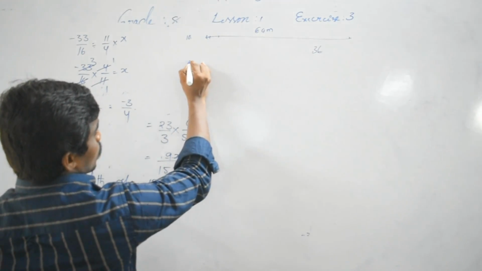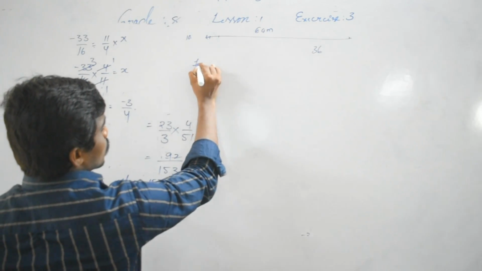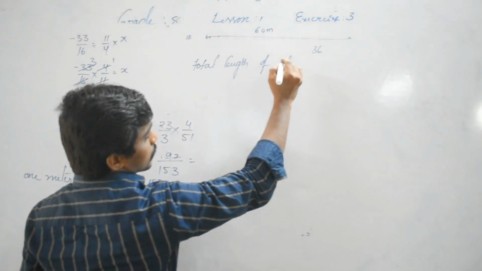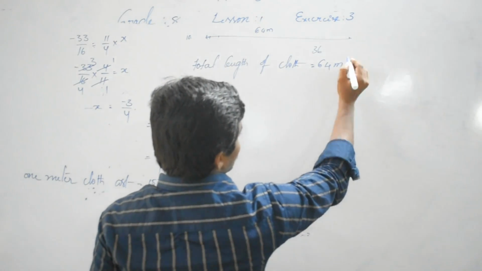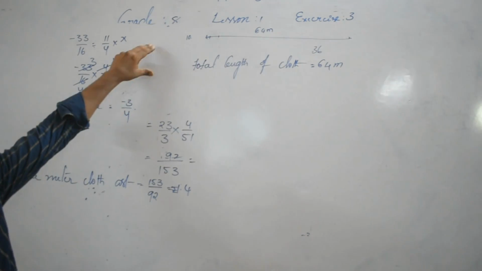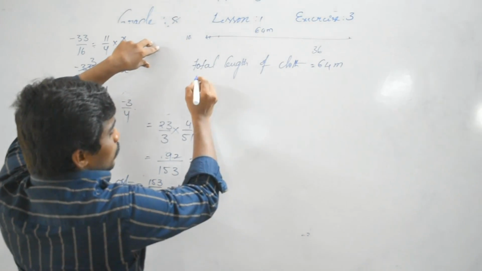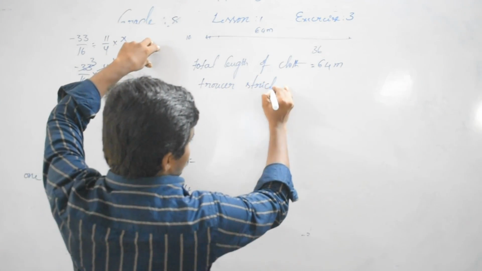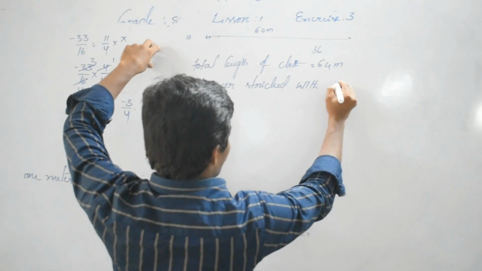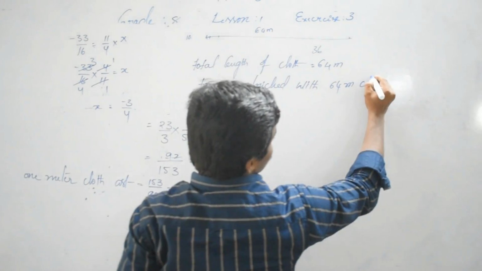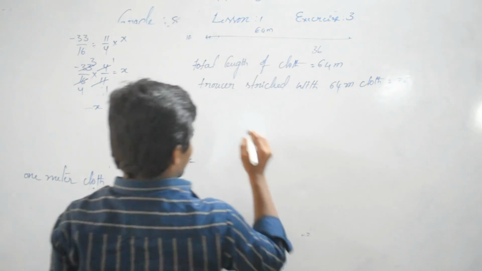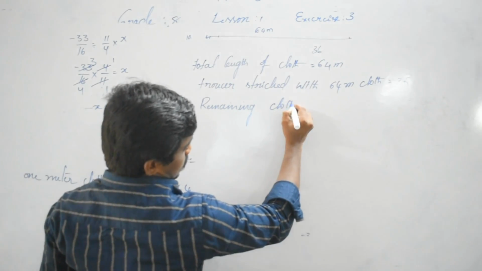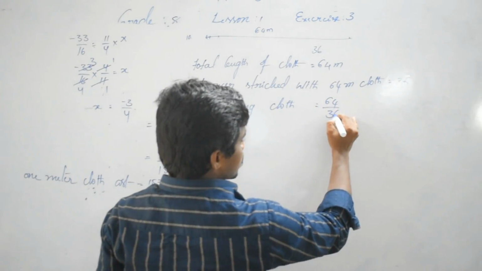So here, total length of the cloth is 64 meters. 36 trousers are stitched with 64 meters of cloth. So the cloth for each is equal to 64 by 36.